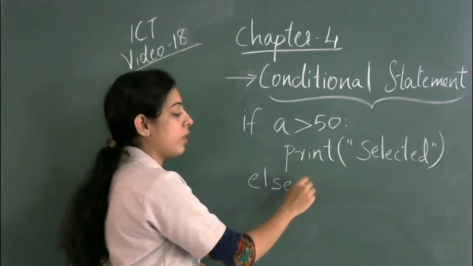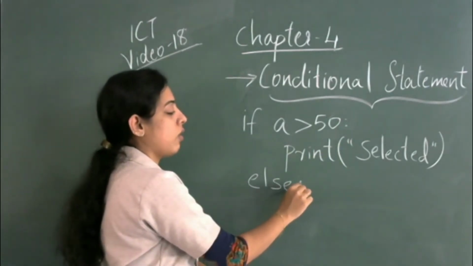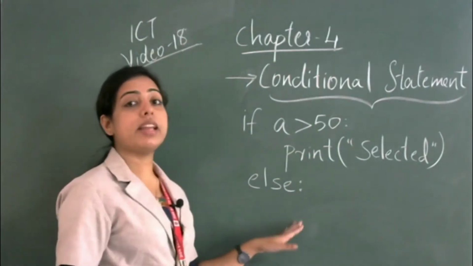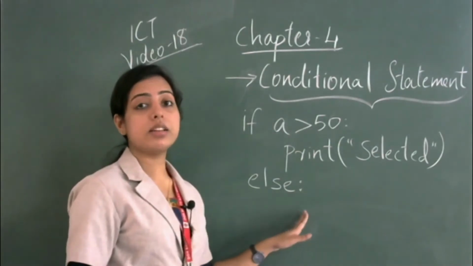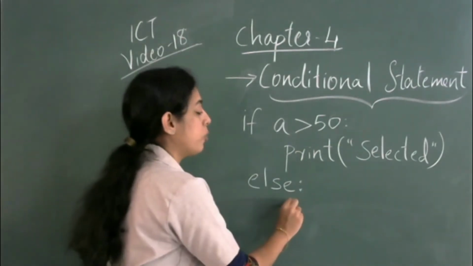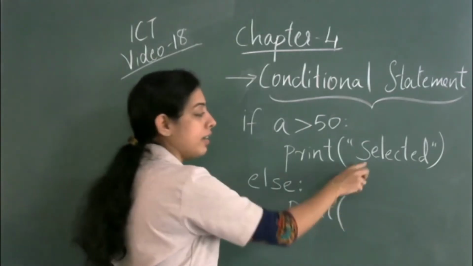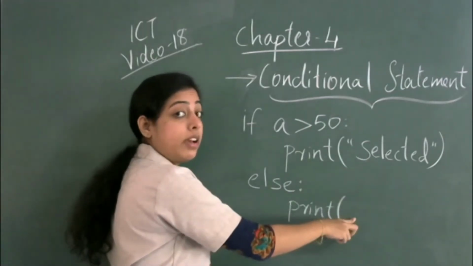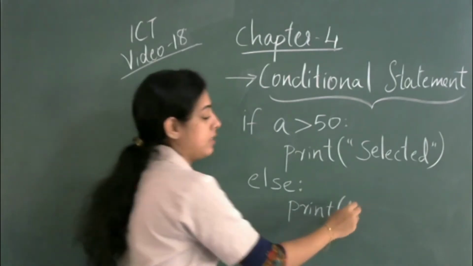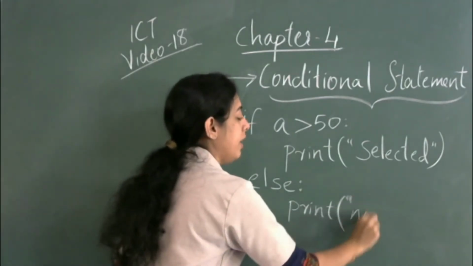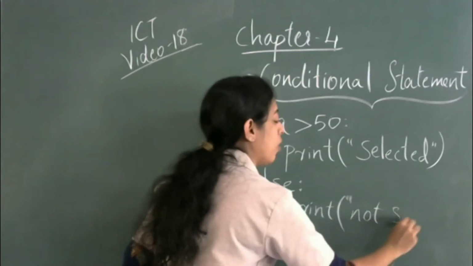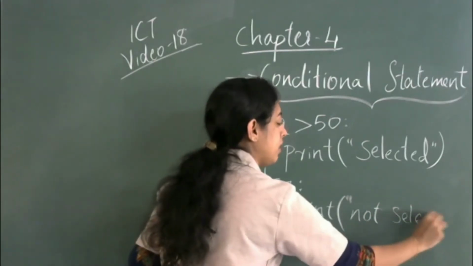Here also there is a colon. Then we can give the incorrect condition. So what will be our output in the printing statement? Here it is selected. So what will be here? Not selected. In double quotes give not selected, or you can give any grade, anything you can give.